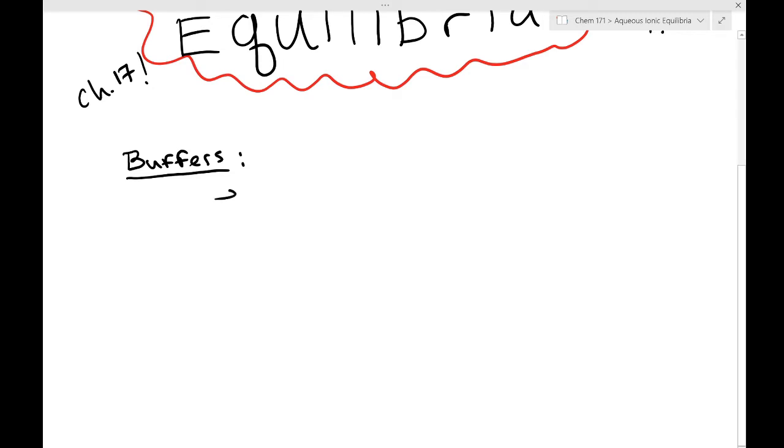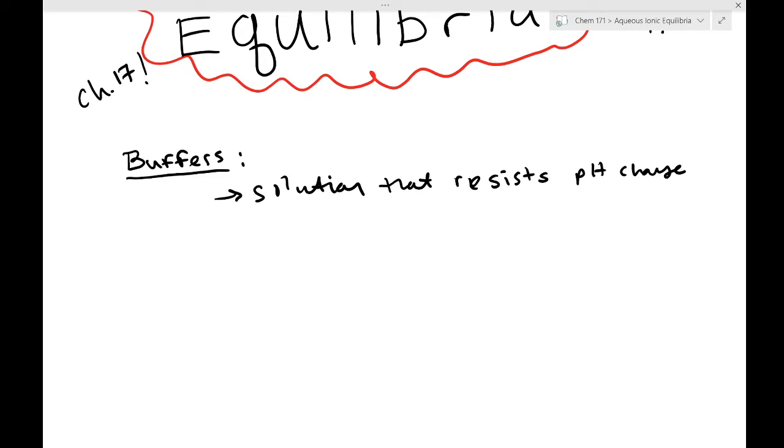A buffer is a solution that resists pH change. Okay, it resists changes in the pH. It will neutralize added acids and bases.